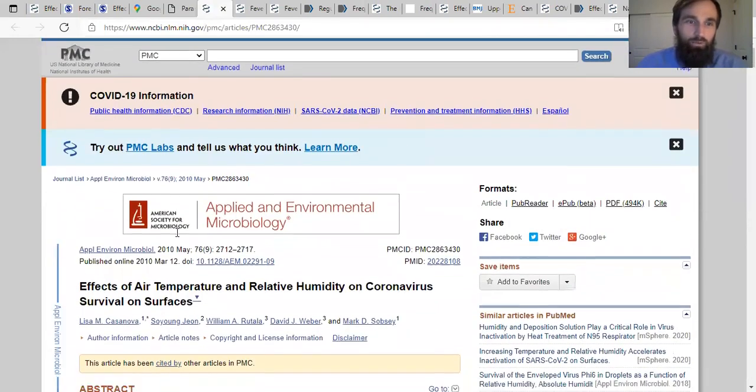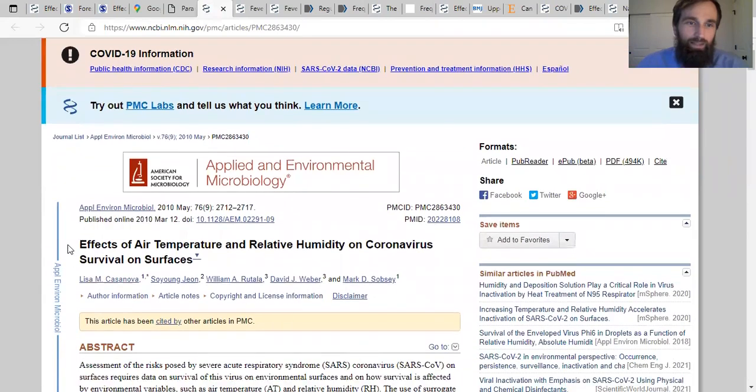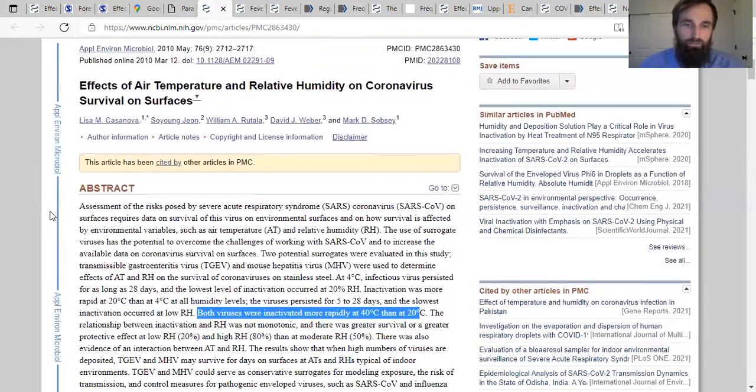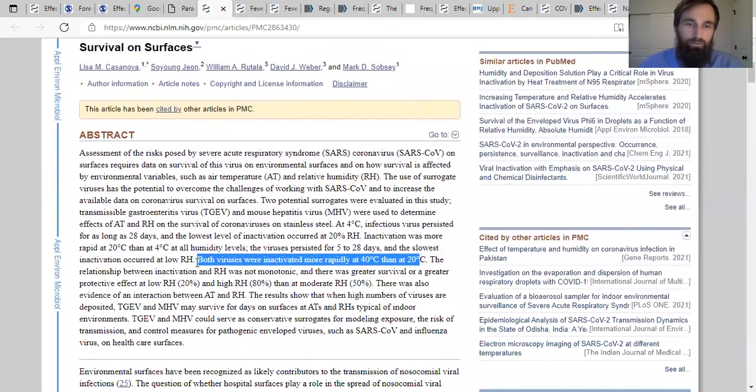We'll move on to heat therapy, the effects of air temperature and relative humidity on coronavirus survival on surfaces. Now, this one is specifically looking at coronavirus, how long it survives. The one thing we're interested in here is viruses were inactivated more rapidly at 40 degrees Celsius than 20 degrees Celsius. 40 degrees Celsius, that would be an extremely high fever.